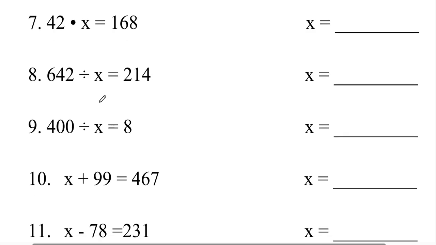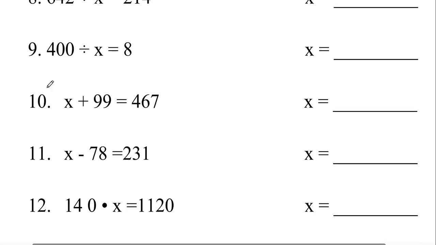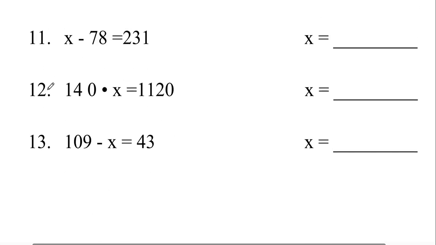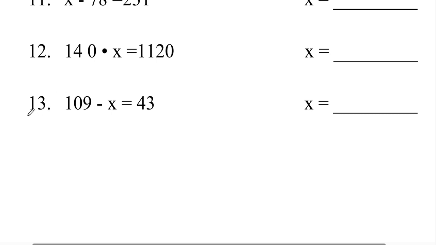Okay, everything should be easy. Okay, let's try number 13. So if you want to isolate x, then you have to subtract 109 and 43, which will get you negative 66. But notice that your x is not positive, instead it's negative.